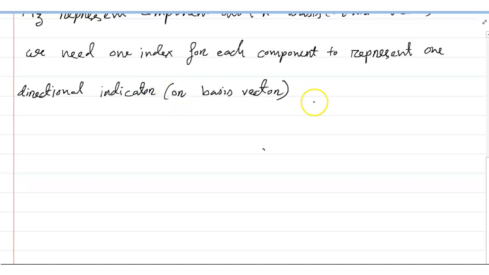That's why vectors are often called tensors of rank 1, or first-order tensors.